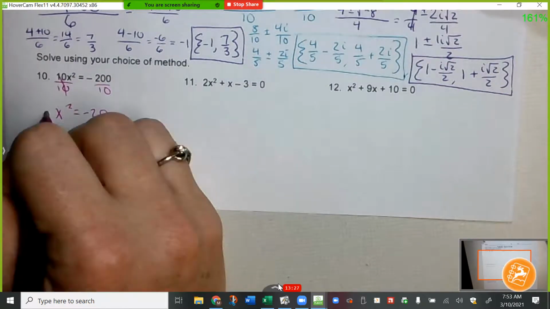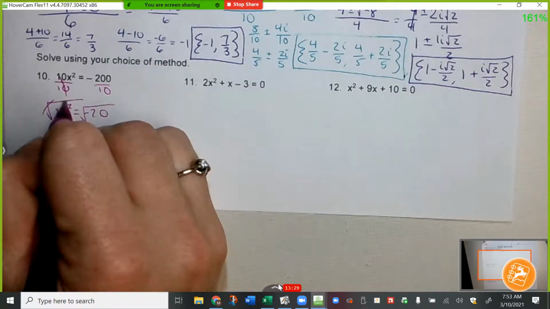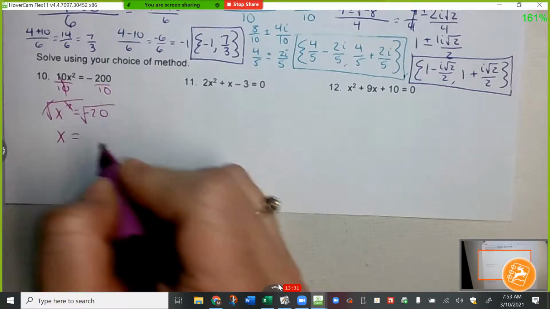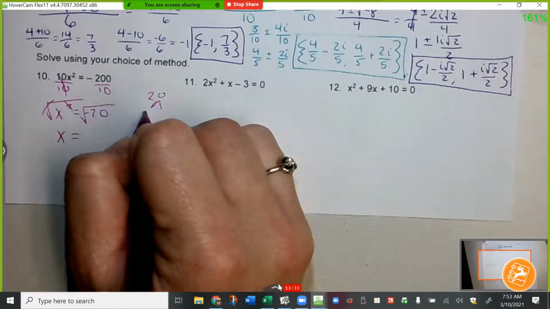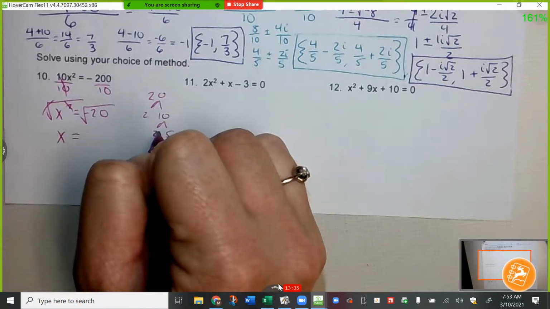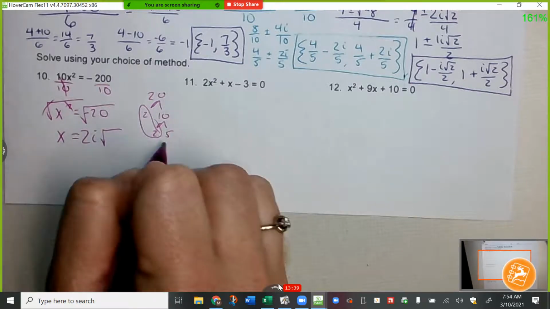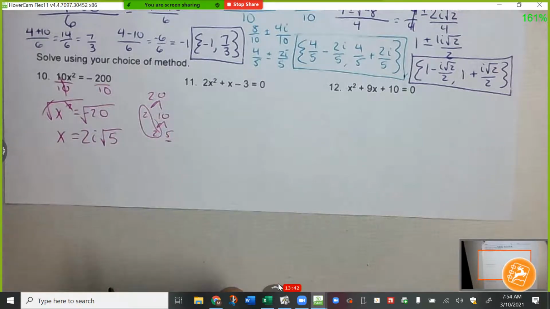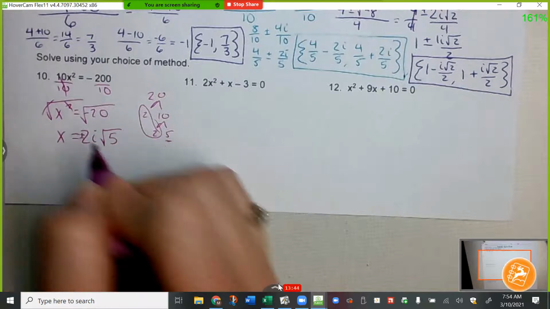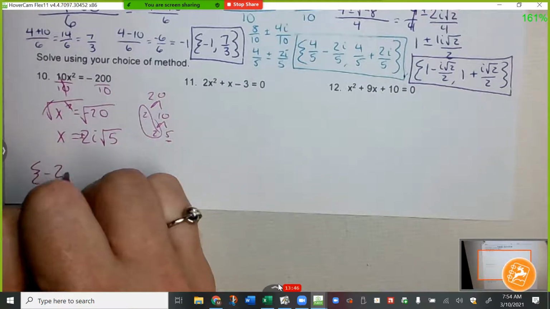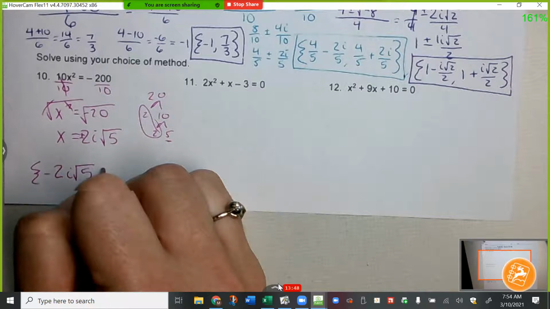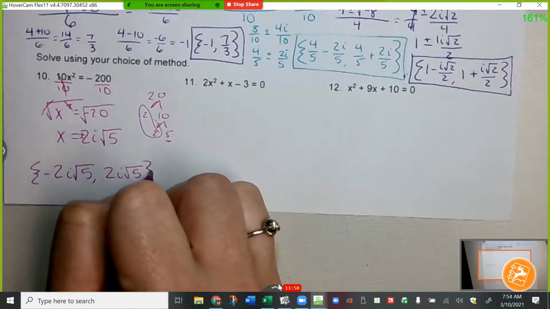And now I can take the square root of both sides. Square root cancels the squared. I get x equals 2i because it was negative, square root of 5 because that's my leftover, and sorry, positive and negative. There's my answer.